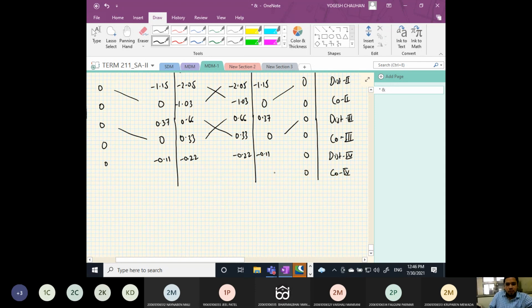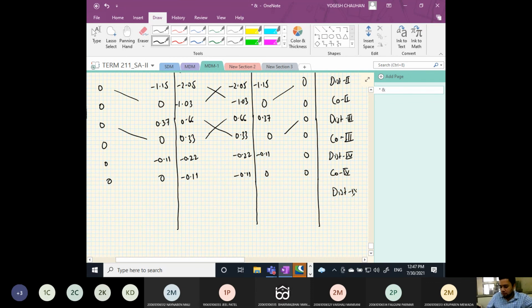This cannot be carried forward here. 0. So 0, 0, 0. Half of this will be carried forward, 0.11, minus 0.11. Now here we have distributed the moment up to a precision of 0.11. If you want further, you can carry out. So let us take one more cycle and then stop it.